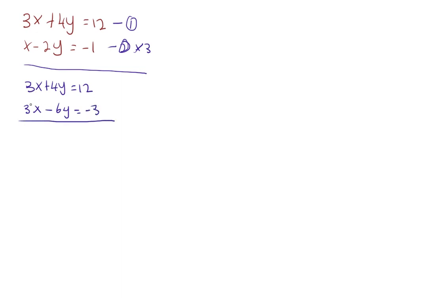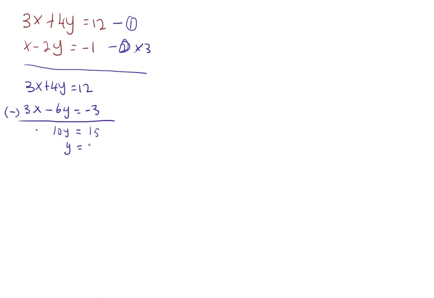Since we have 3x and 3x, to eliminate x, I just need to subtract. So 3x minus 3x equals 0, 4y minus negative 6y equals 10y, and 12 minus negative 3 equals 15.